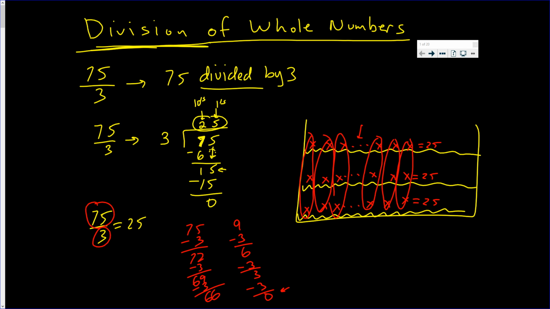There's going to be 25 books on each shelf. Why are we going to have the same number of books on each shelf? Because I always put 3 at a time, 1 on each shelf. So if I keep putting 1 book on each shelf, and then another book on each shelf, and then another book on each shelf, when I'm done, I'll have the same number of books on each shelf.